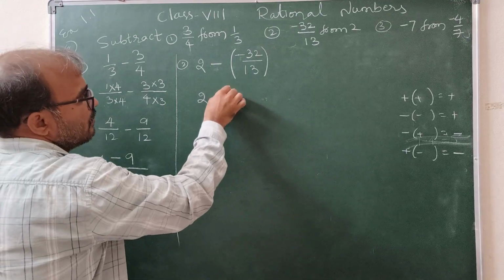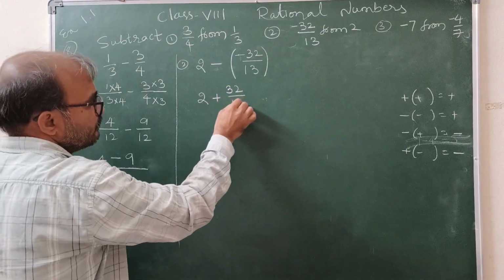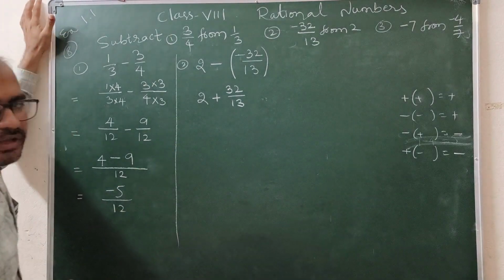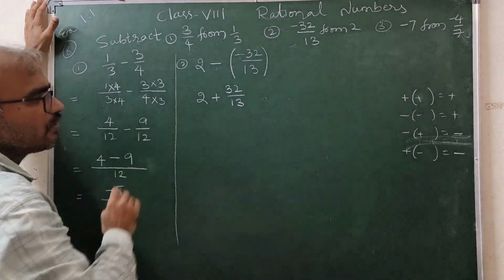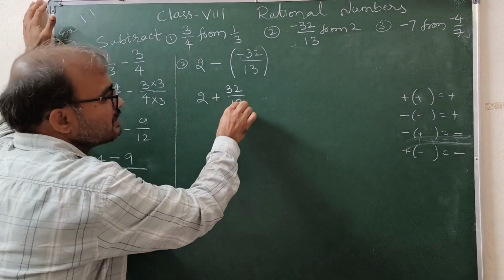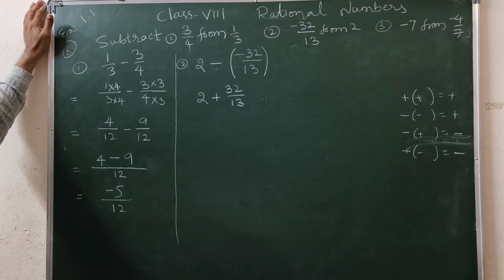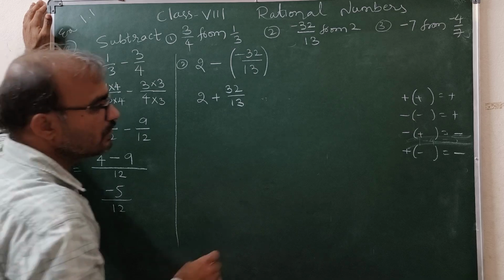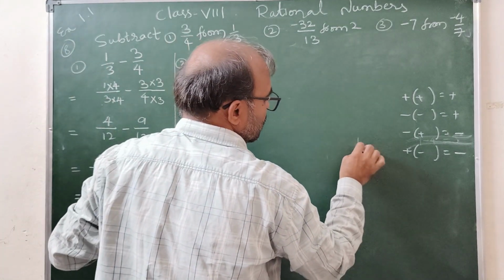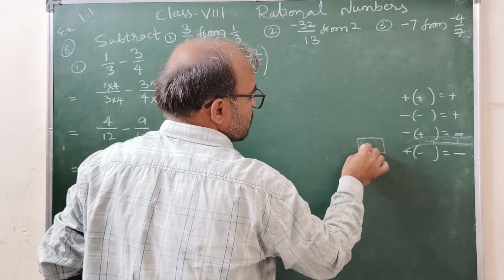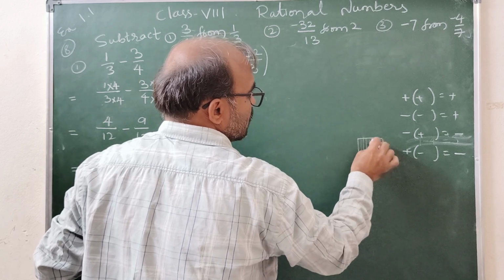32 by 13. This is a whole number, right? 2 is a whole number. But here 13s are there, right? 13s means one whole is made into 13 equal parts. One full whole, whatever that may be, rectangular shape or circular shape, is made into how many equal parts? 13 equal parts.